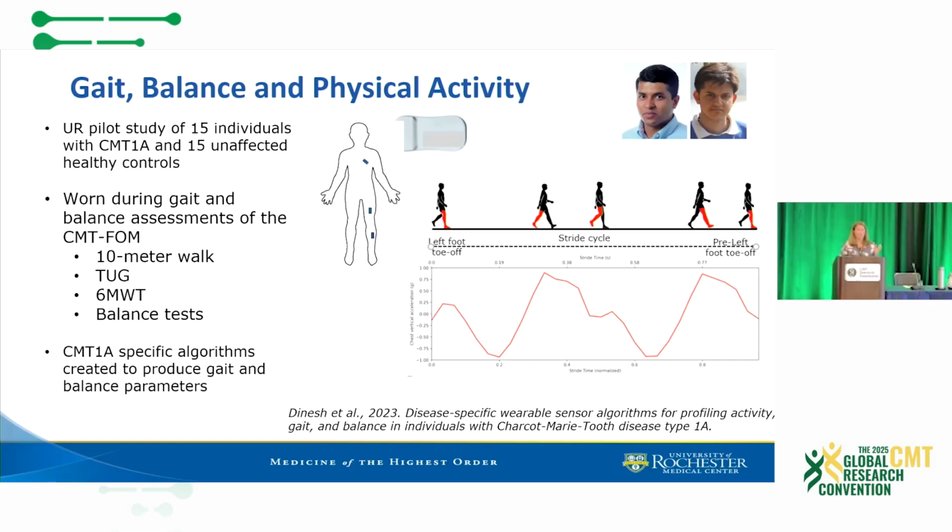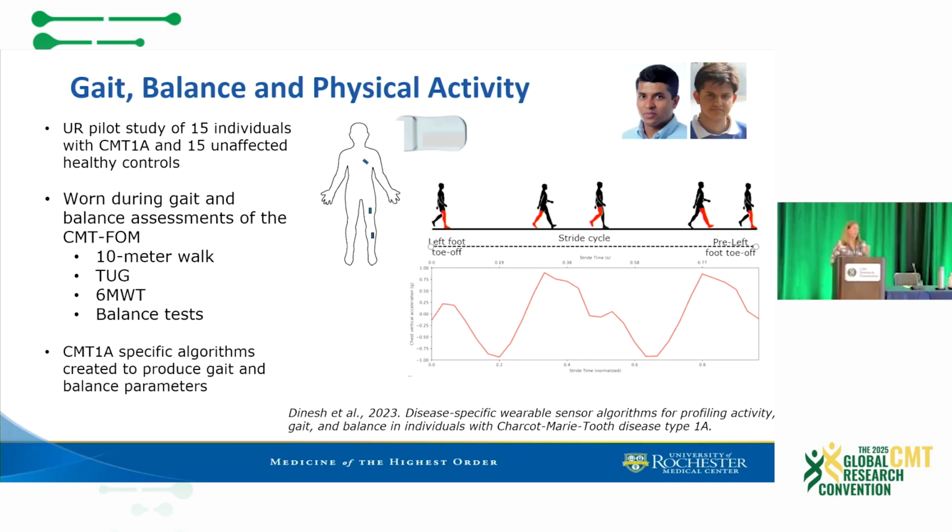And they wore the sensors at the chest, the thigh, and the lower limb. They wore them in clinic, but we also asked them to wear them at home for 24 hours. They were influenced by the battery life, where we could only capture that 24-hour data, but to get a measure of physical activity in the home environment.